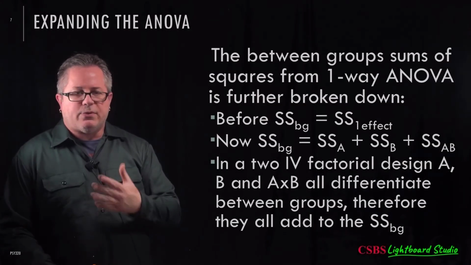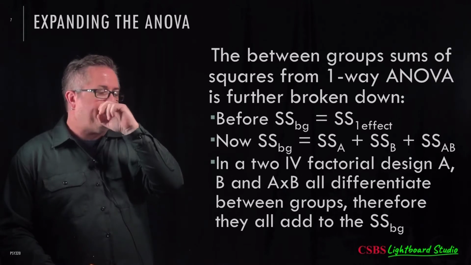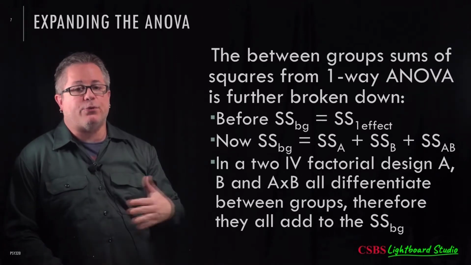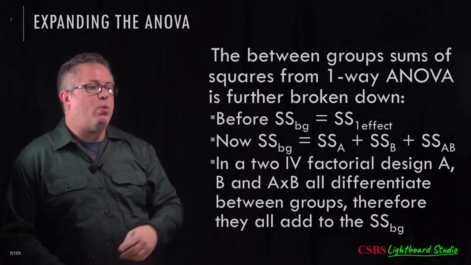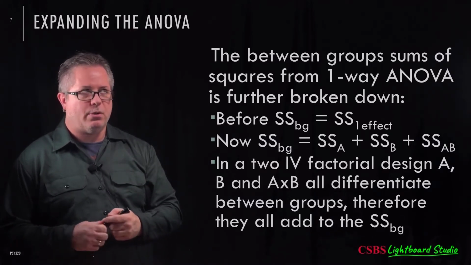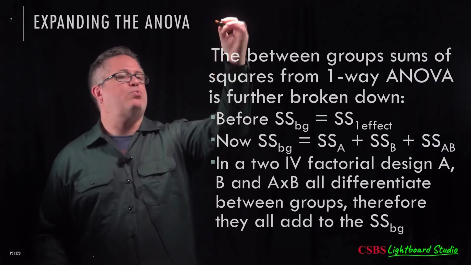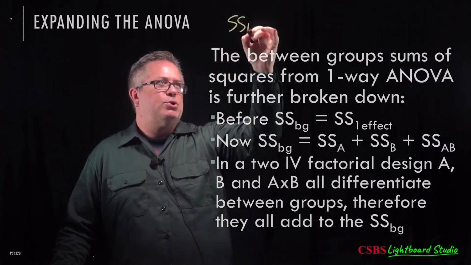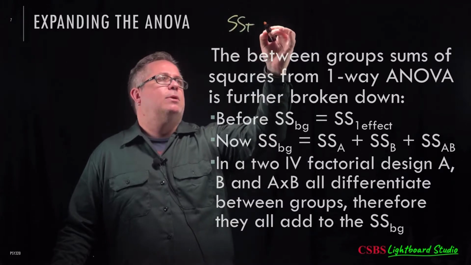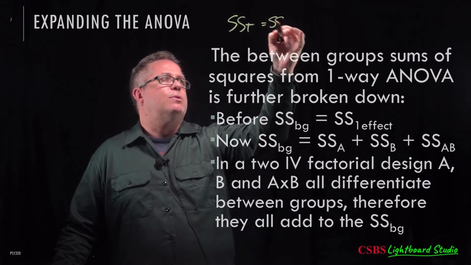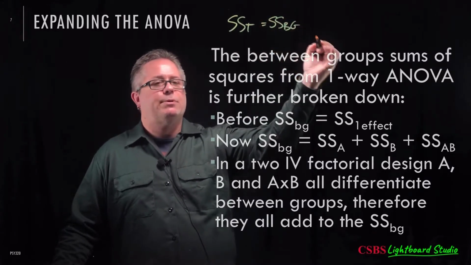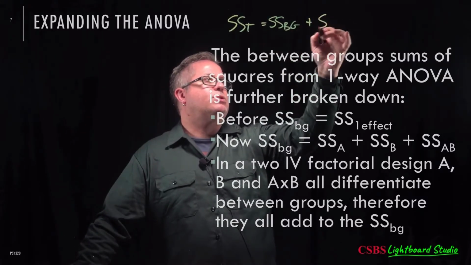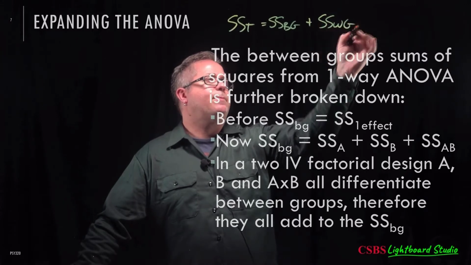All right, so still talking about expanding the ANOVA. The between group sums of squares for a one-way ANOVA gets further broken down. In a one-way ANOVA, there were just three things to worry about. We had a sum of squares total, equal to a sum of squares between groups plus sum of squares within groups.